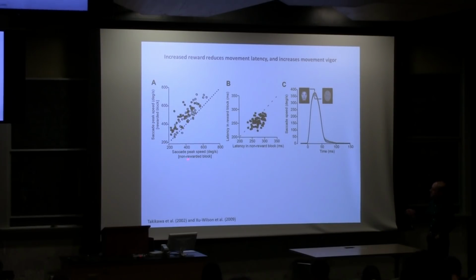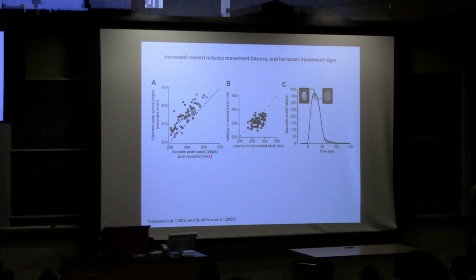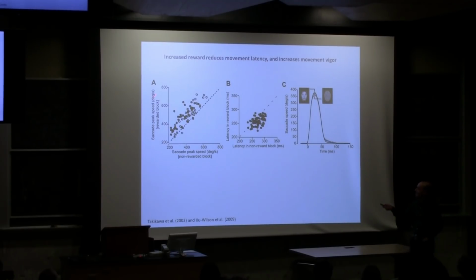Actually, I think I have this mislabeled. Let's see. Yeah, so I think this is the non-rewarded block. This must be the rewarded block. Oh no, I'm sorry, this is peak speed. I apologize, I'm just misreading my own plot. So this is the velocity of the movement, and here's the latency. Okay, let me step back.